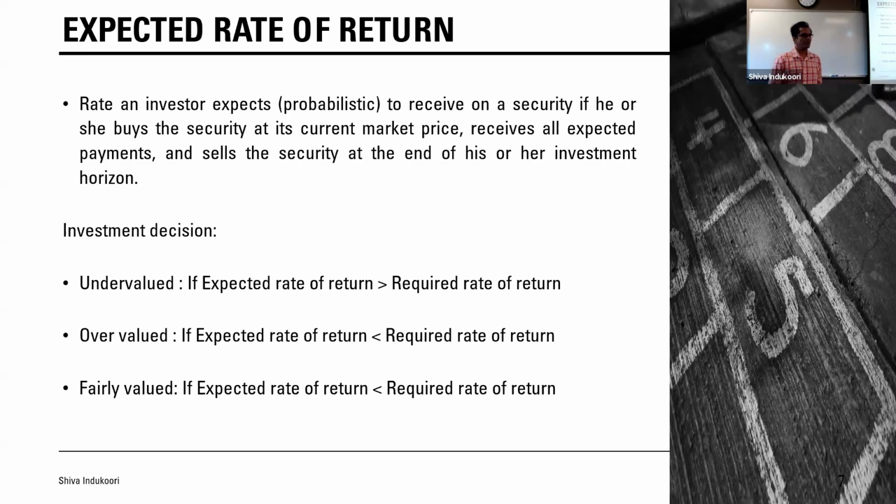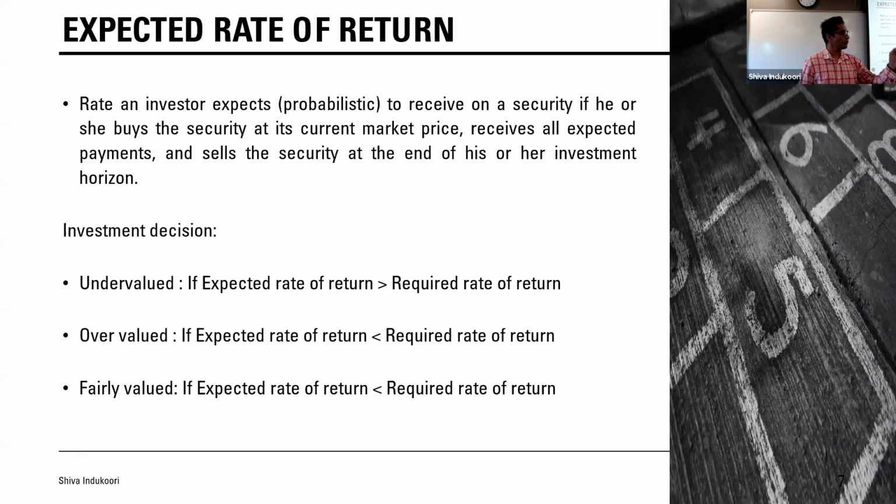Can you repeat that? The question you are asking, a CD is offering you from a bank 3.5%. Is that expected return or required rate of return? All of you, please.